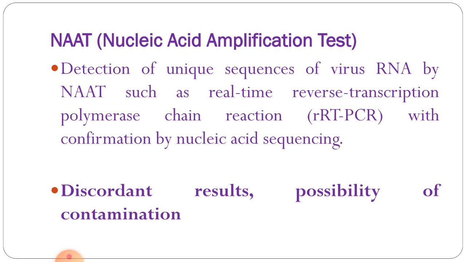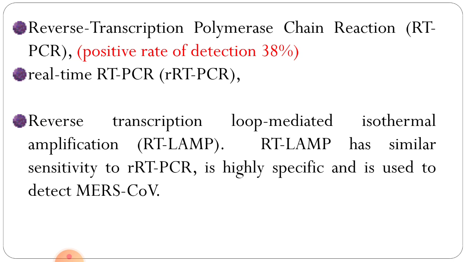Discordant results and the possibility of contamination are seen in this particular technique. Reverse transcription polymerase chain reaction produces a positive rate of detection up to 38%.